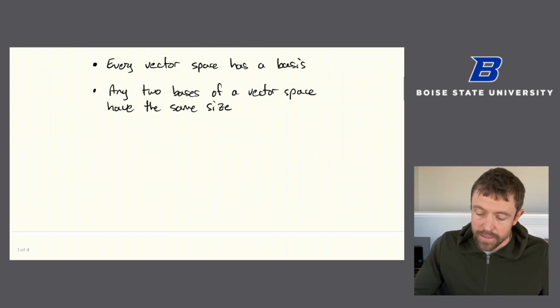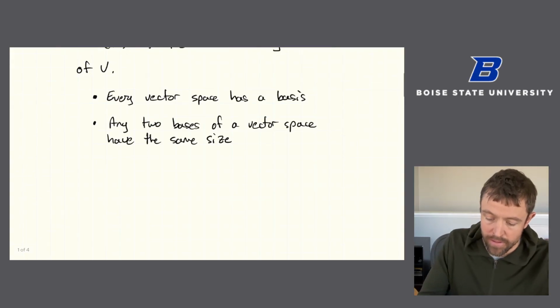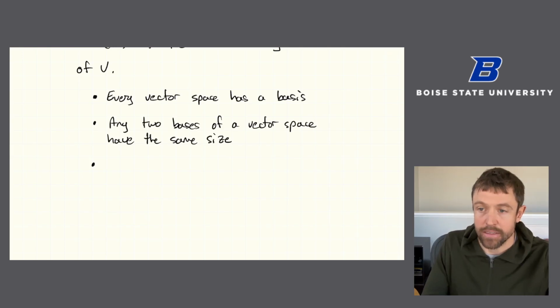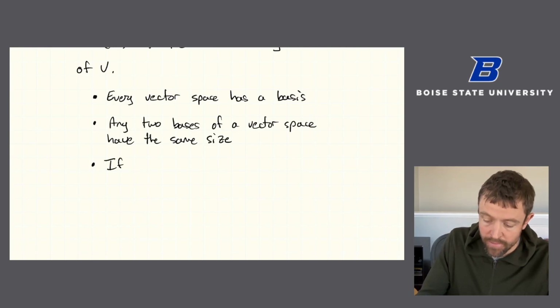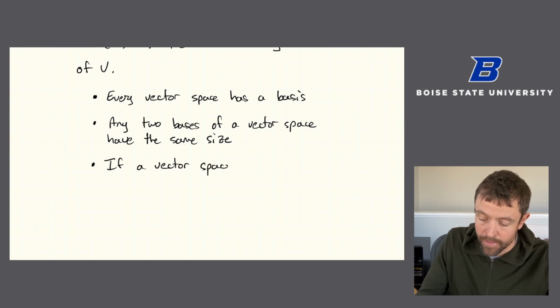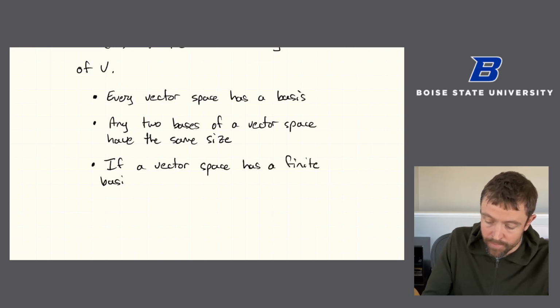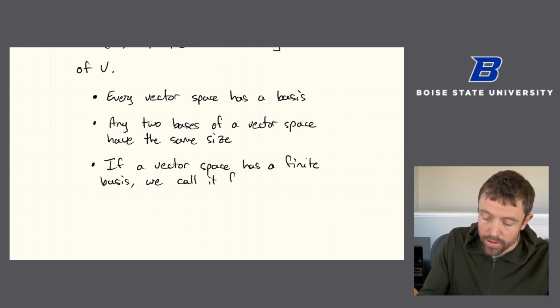When a vector space does have a finite basis, we call it finite dimensional. And in this course, we're almost exclusively dealing with finite dimensional vector spaces.